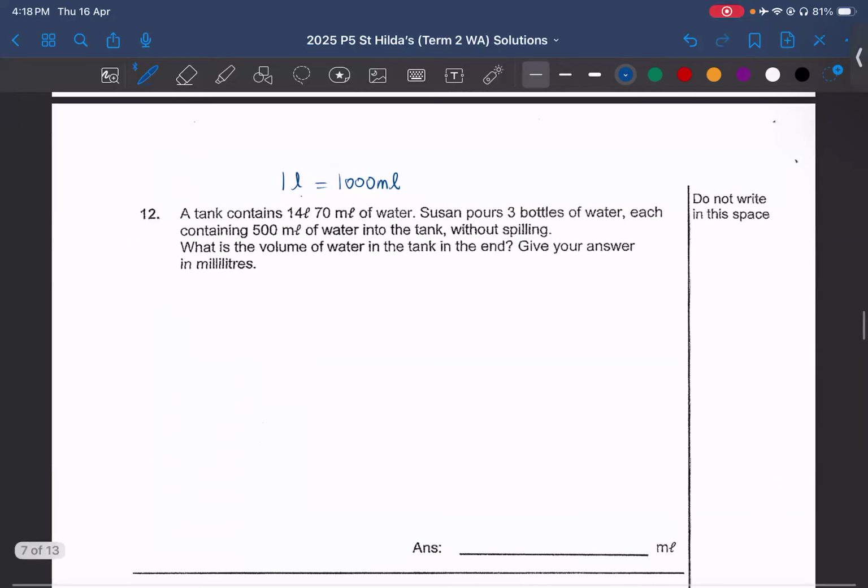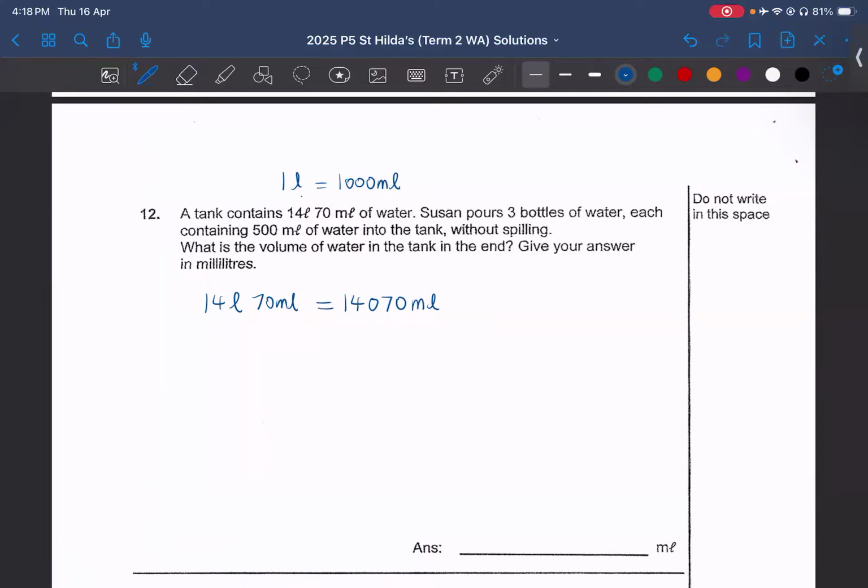So we can convert 14 liters 70 milliliters all into milliliters, which will give me 14,070 milliliters.